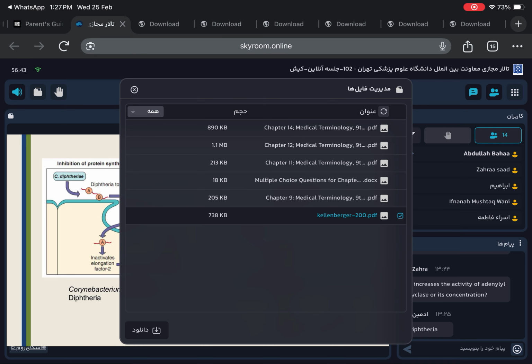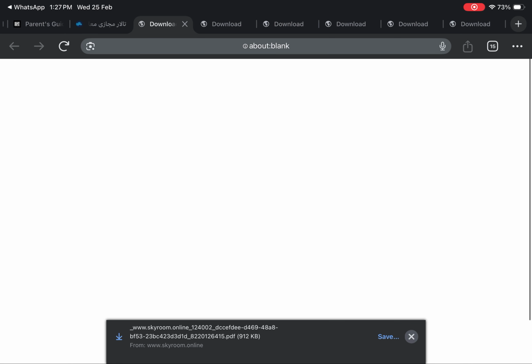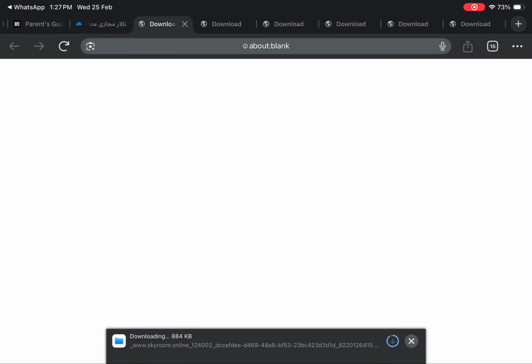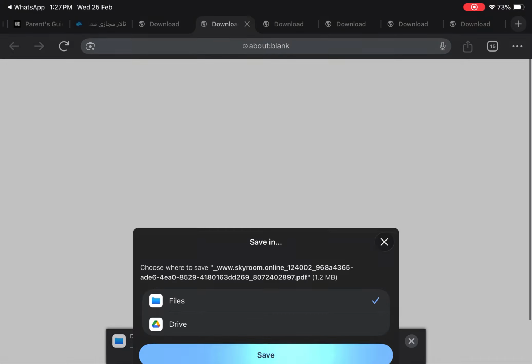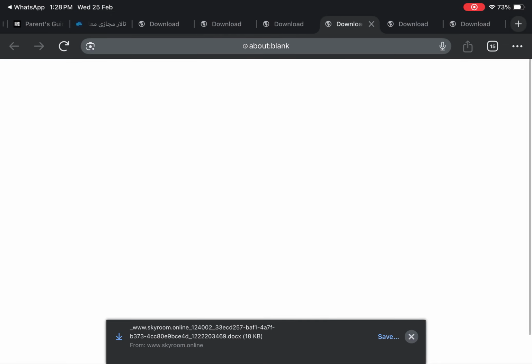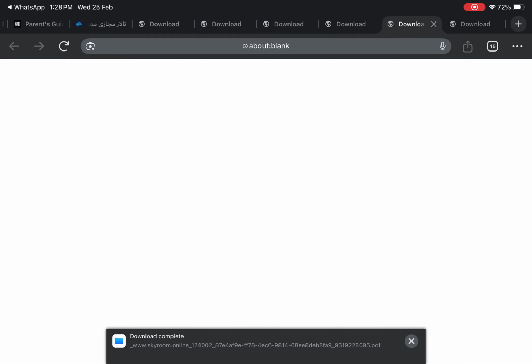And you already know that protein synthesis is a very important function of the cell. If the protein synthesis is stopped, it means that the cell will be dead. So diphtheria toxin is a toxin which can cause cell death.